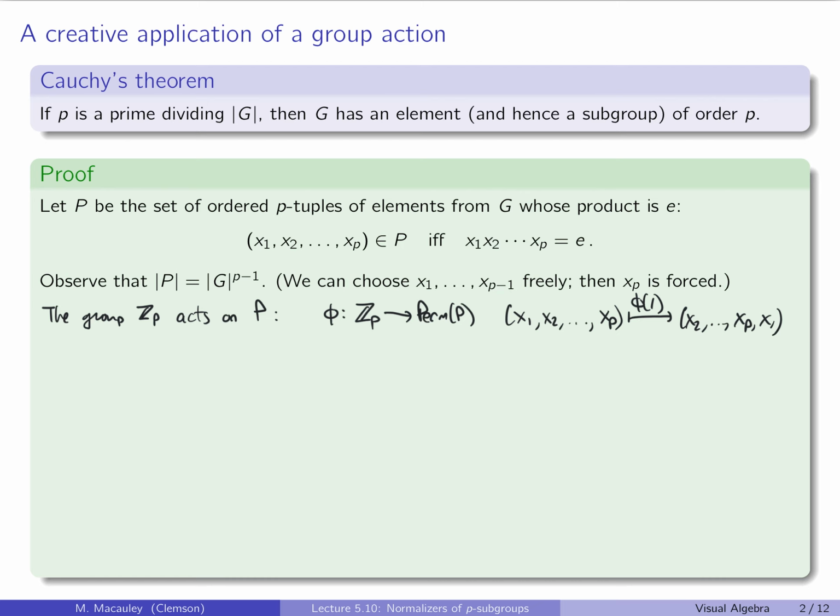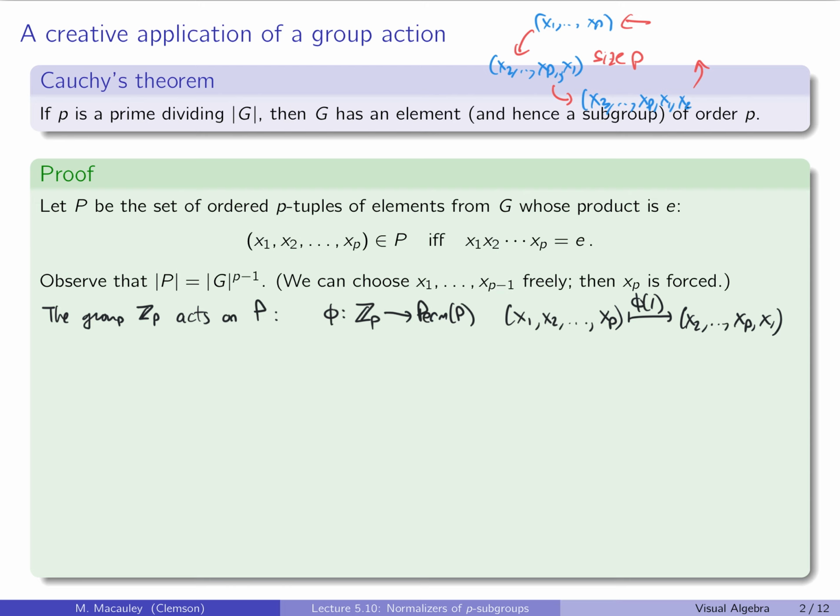We have x_1, comma, x_p, and then we press the 1 button and we get x_2, comma, x_p, comma, x_1, and then we do this again and we get x_3, comma, all the way up to x_p, x_1, x_2. And so we get these orbits of size p, and then we also get orbits of size 1, potentially.